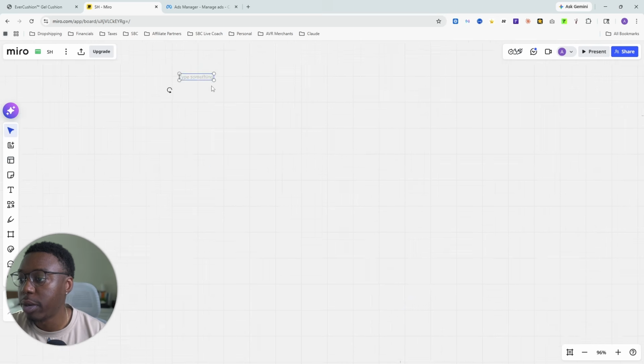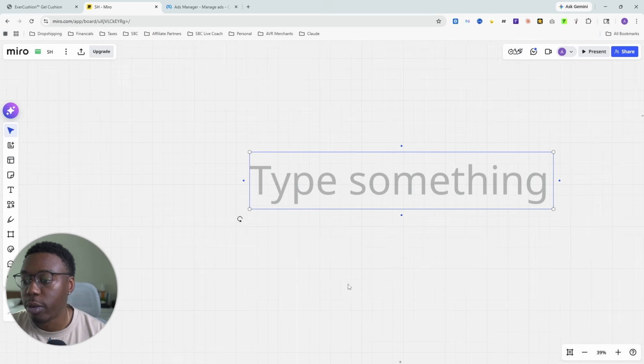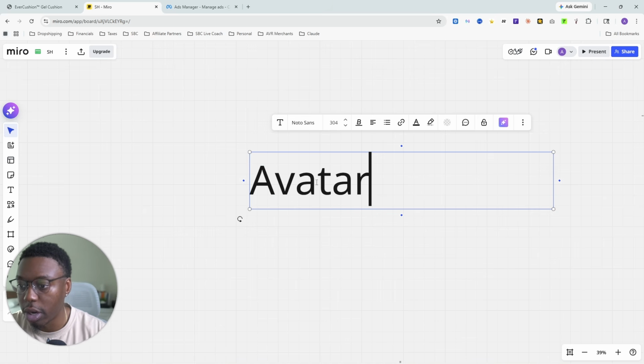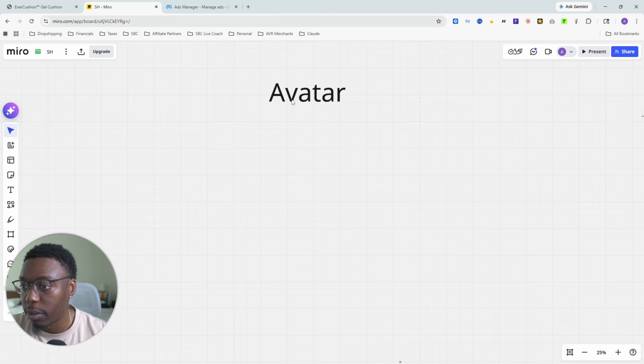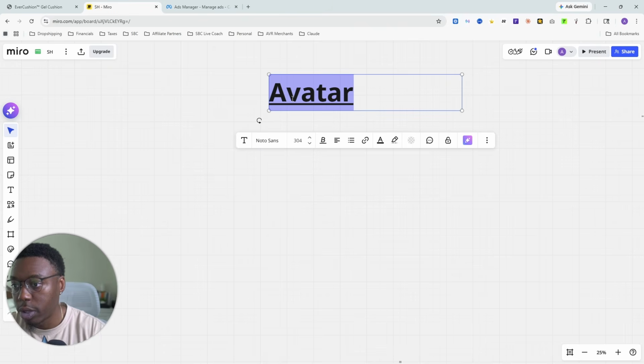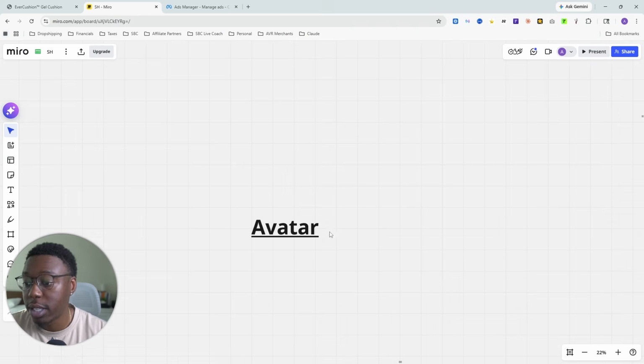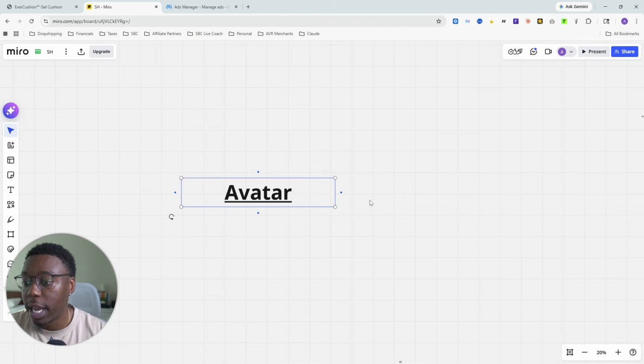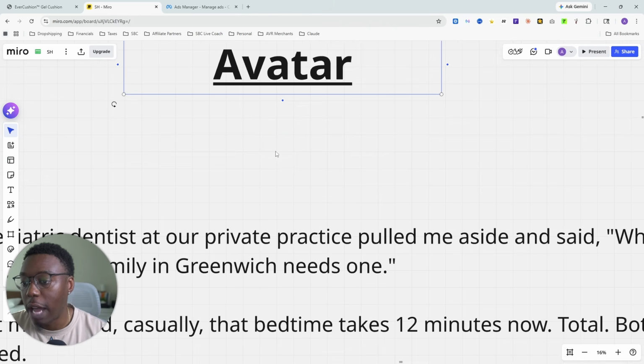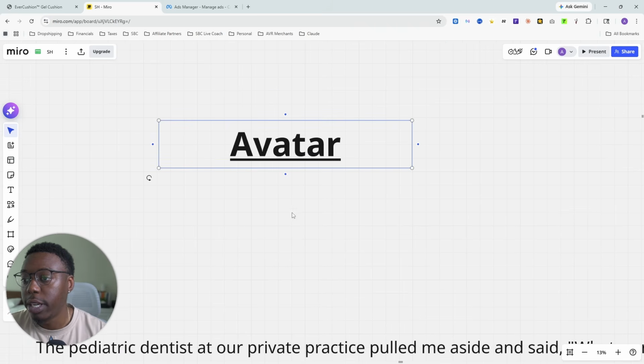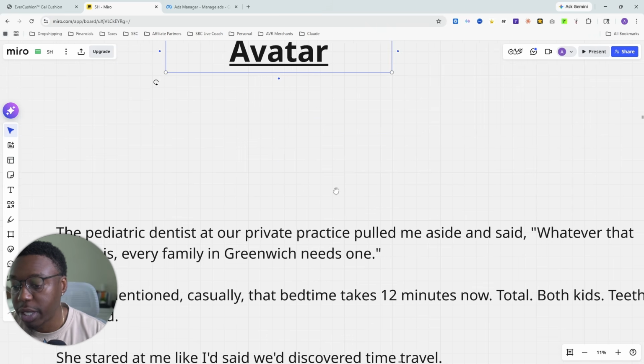This copy is built and rooted with the focus of speaking to a specific avatar. I'm going to call this avatar copy, right? Why is this important? Well, the type of copy you create has an impact on the potential performance and even the CPMs and competition in the market, because avatars are basically the unique characteristics of a specific person.